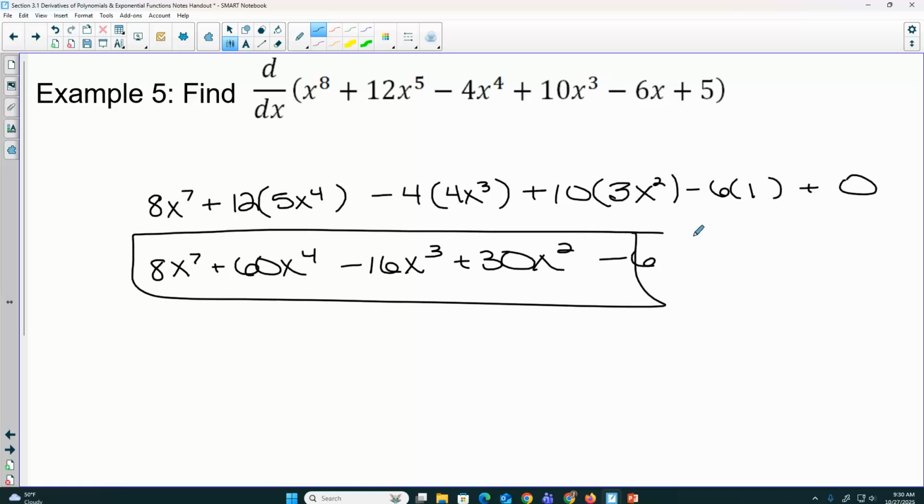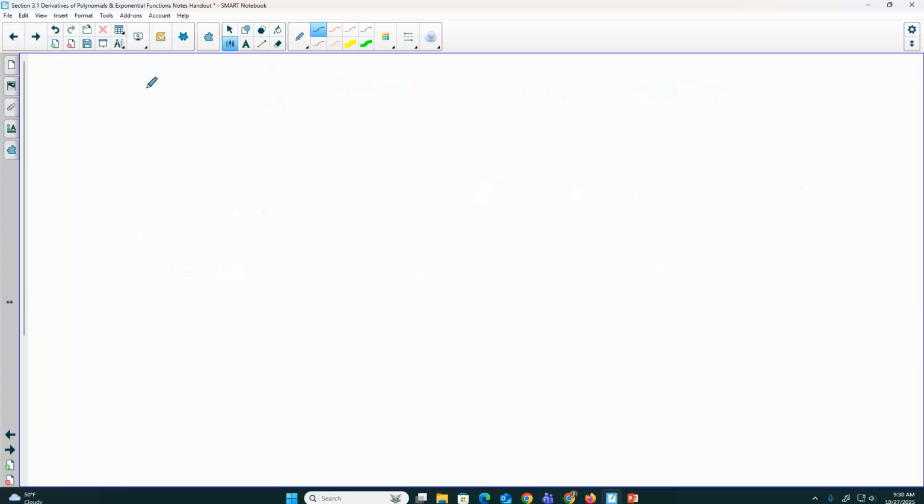The key to this, though, is that it does have to be written as powers of x before you can do your derivative. So if you have things being multiplied, you have to multiply them out first. If I asked you to find the derivative of (x plus 4) to the 3rd, what would you have to do before you could do that derivative? Multiply it all out and then do the derivative term by term.